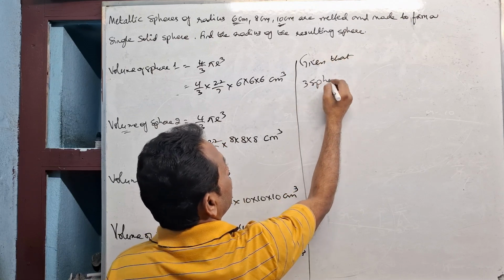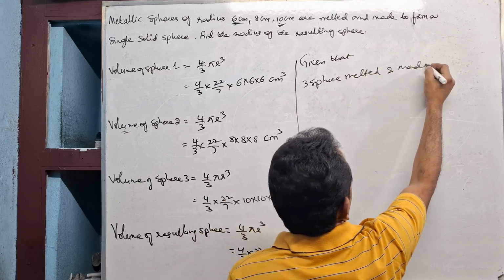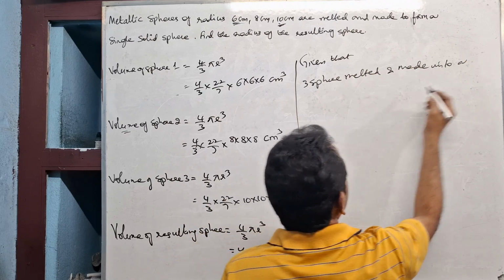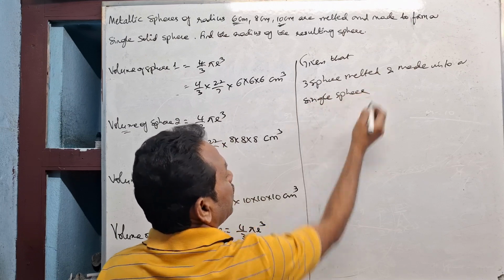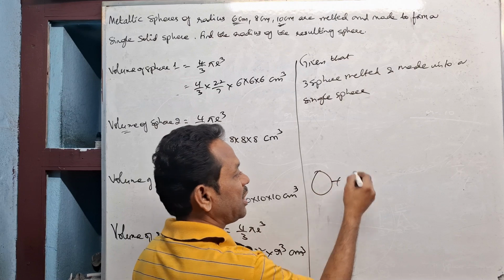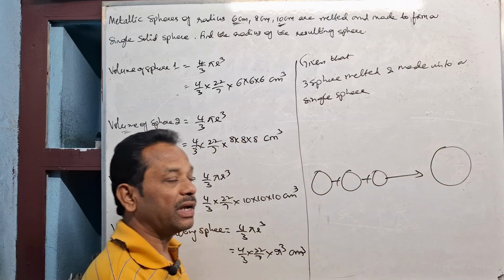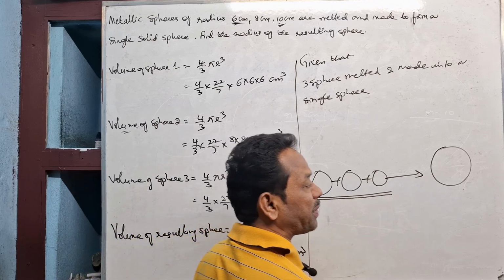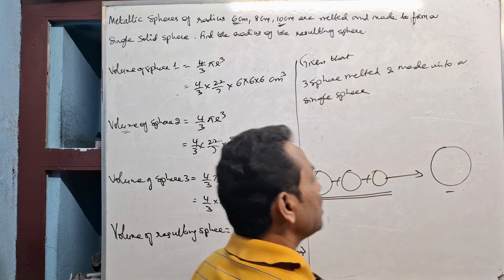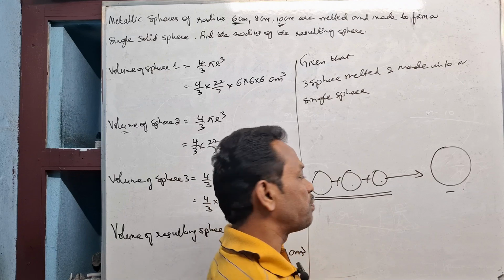It is given in the question that three spheres are melted and made into a single sphere. In a sense, the sum of the volumes of these three spheres equals the volume of the new sphere.